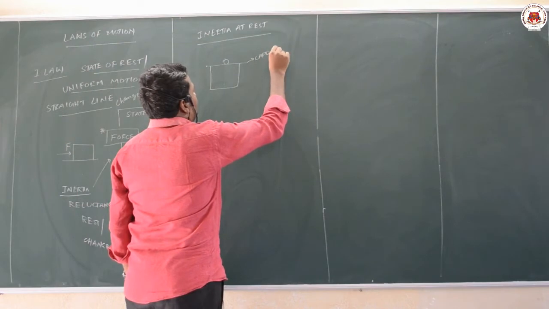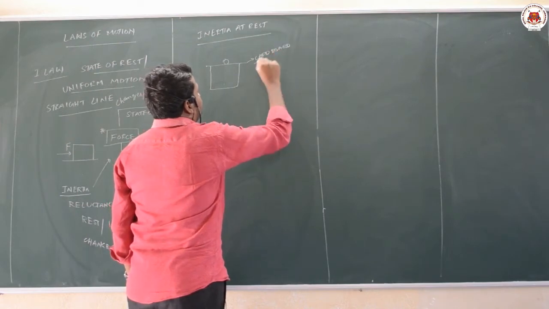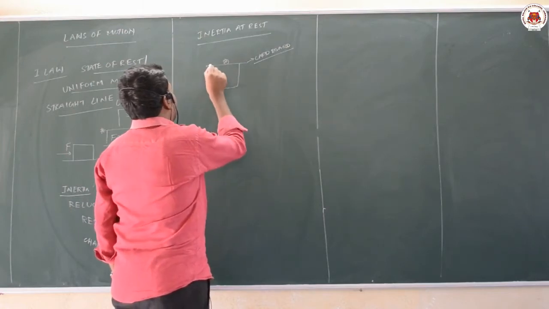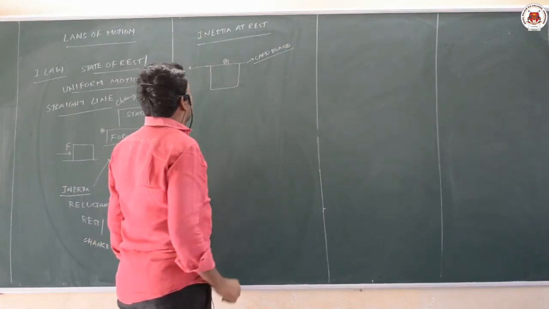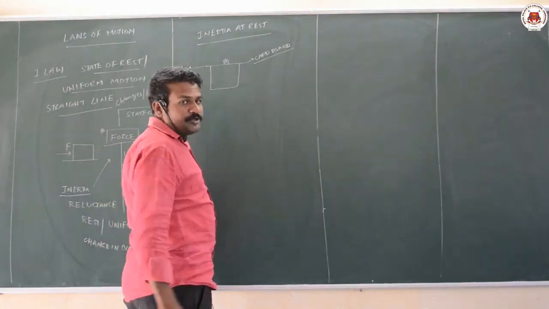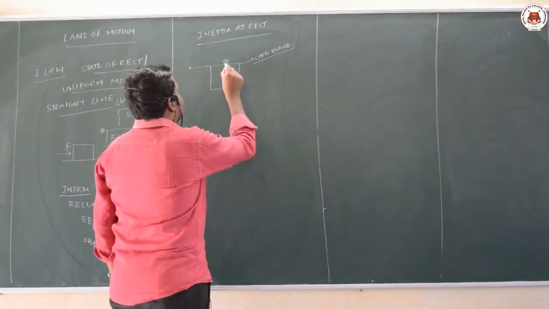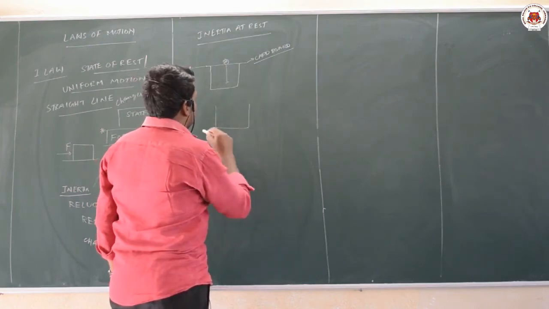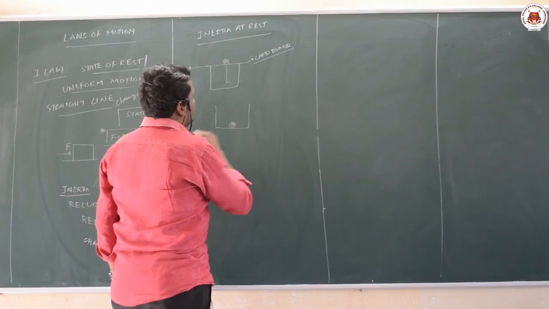On that cardboard you kept one marble or one small ball. If you apply a small force on cardboard at high speed, just pull it out, then what happens? The marble will fall into the beaker.